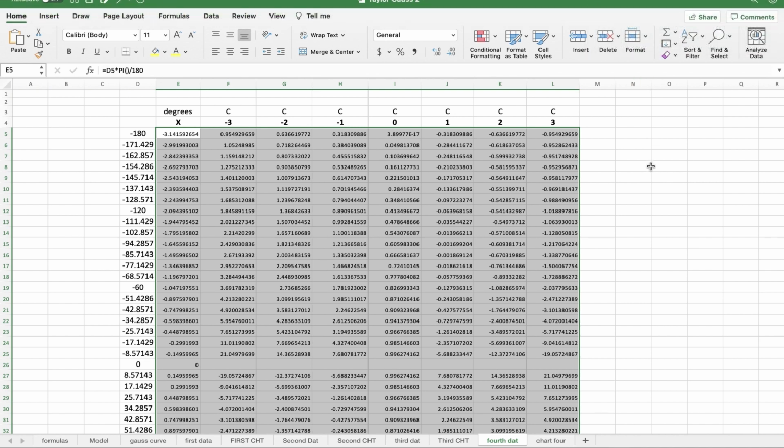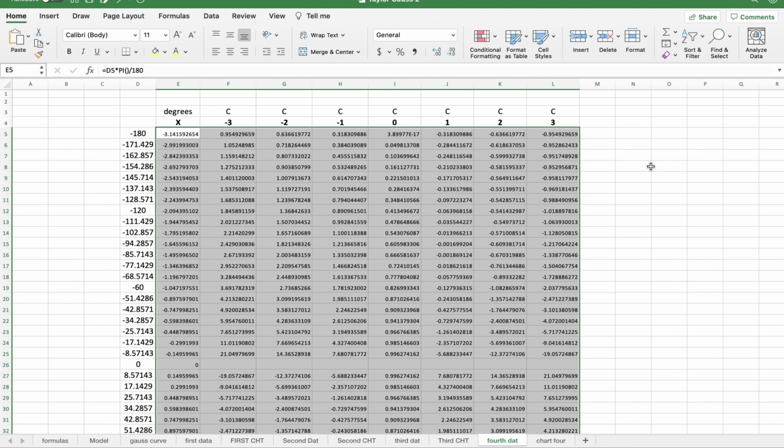So the argument x has to be expressed either in radians or in degrees. And so I converted the degrees into radians, which is an easy conversion. You just multiply the degrees by pi and divide by 180. And you have the radians, and then that becomes the argument of your sine function.